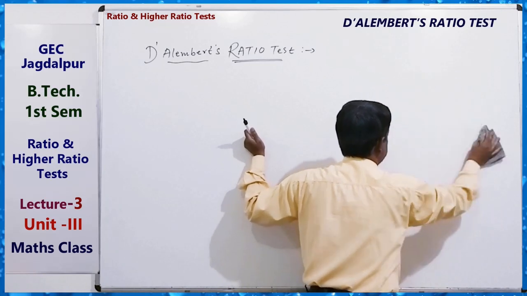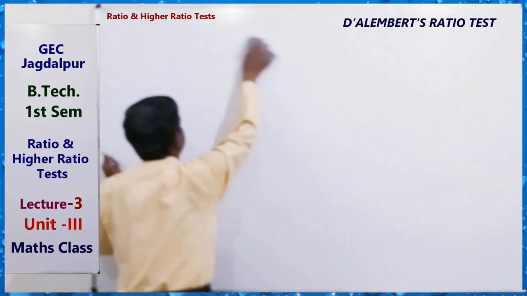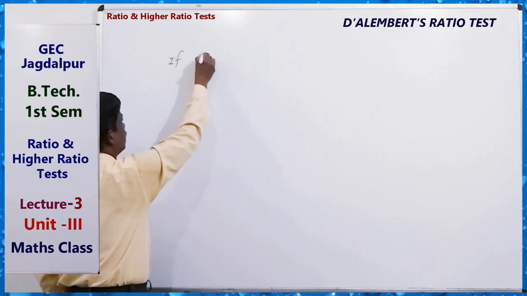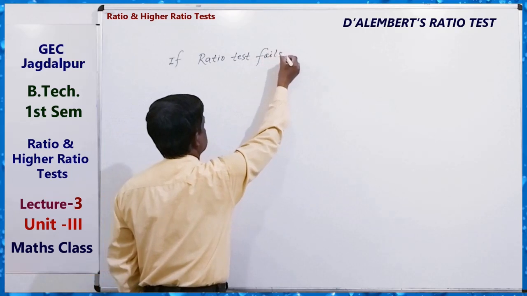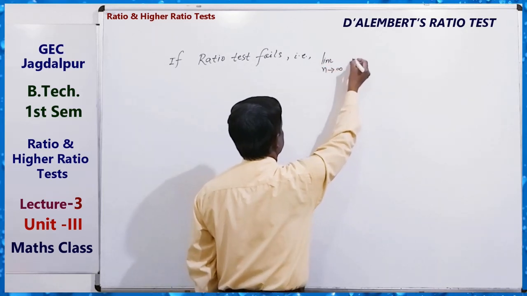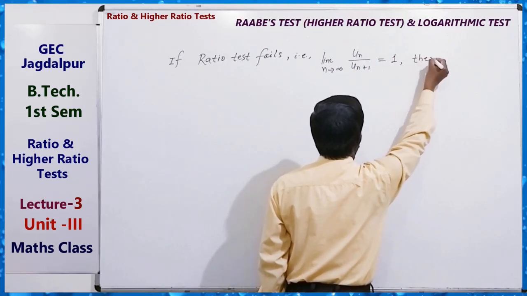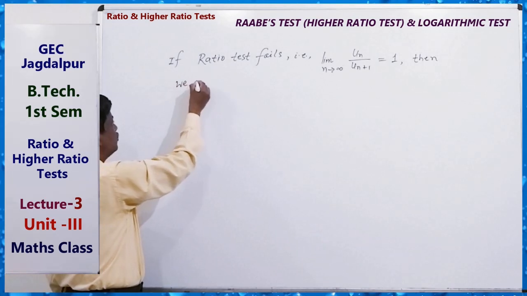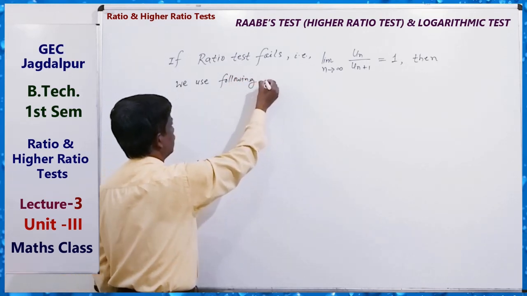When the ratio test fails, that is, limit n tending to infinity un upon un plus 1 equals 1, then we use the following tests.